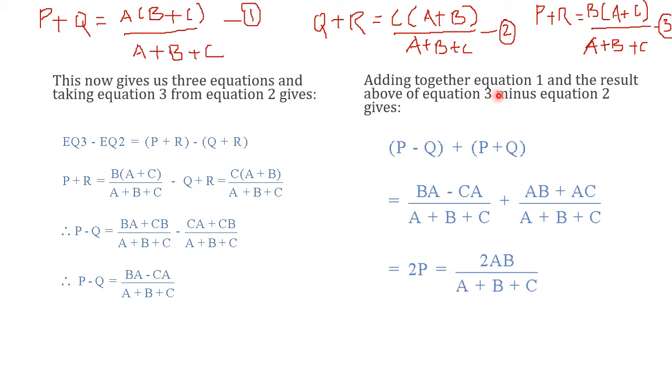Adding together equation 1 and the result above of equation 3 minus equation 2, P minus Q, for the easy purpose, I am considering this equation as my equation number 4. So here I am going to add this equation 4 with equation 1. So here you can see that we will get the value 2AB over A plus B plus C.